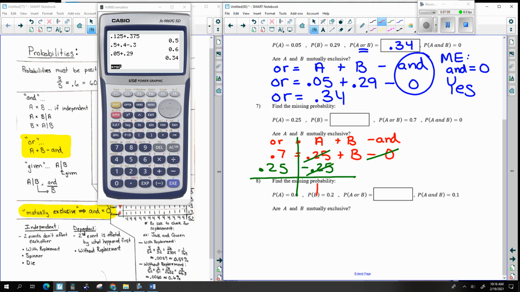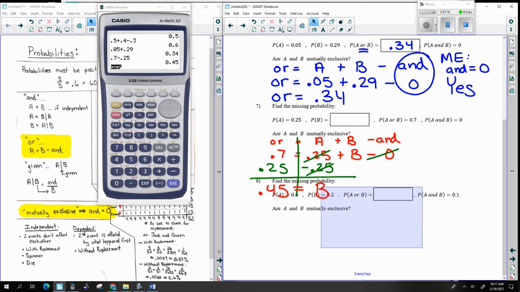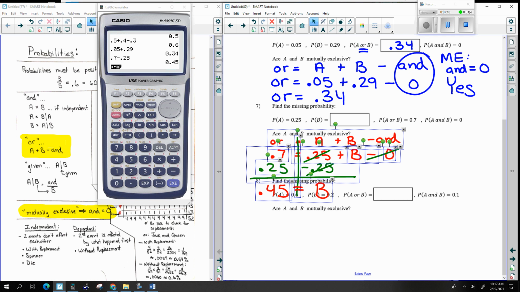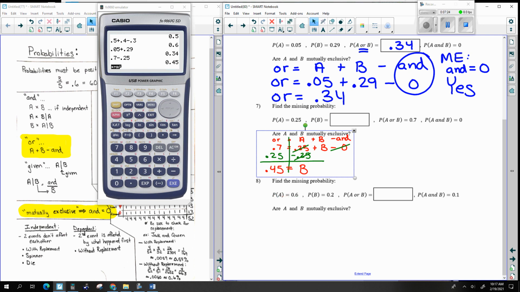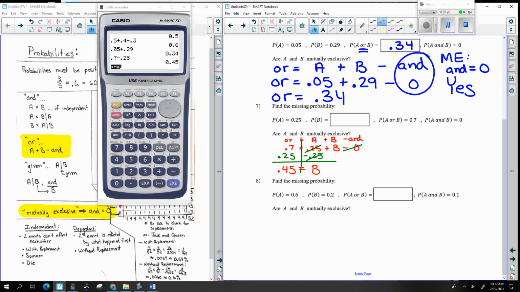That will leave us with B is equal to 0.7 minus 0.25, that'll be 0.45. So we found that B is equal to 0.45. Secondary question, are these things mutually exclusive? What I notice is and is equal to 0, so yes, they are mutually exclusive.